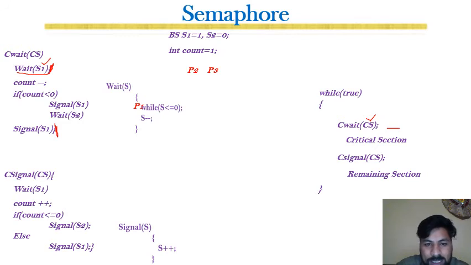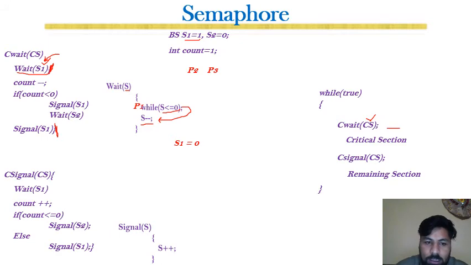So S1 is passed as an argument to the wait function, and it will check whether S1's value is less than or equal to 0. No, the condition is false, so it must not wait here and it will proceed to the next statement, and the value will be decremented. This is S1 because it was called on S1. So S1's value will be decremented and now the value of S1 will be 0.